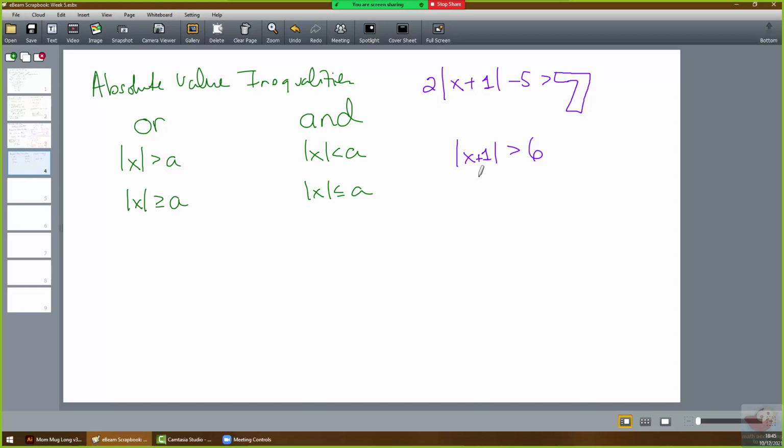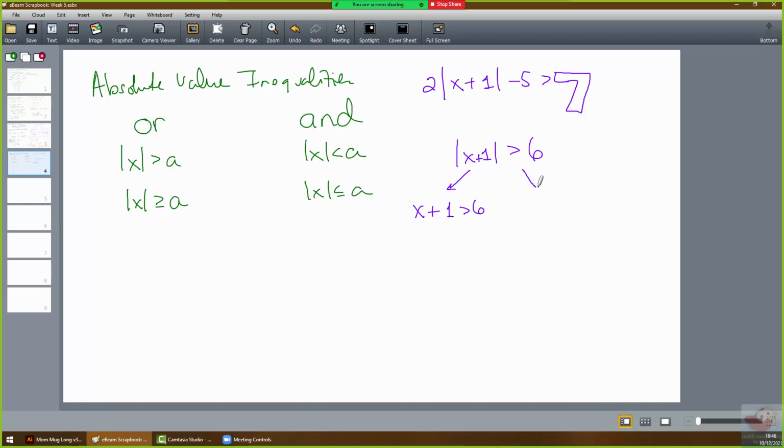So step 1 as before, isolate. Step 2 as before, break into 2 pieces, with caution. The first piece is like you never had absolute values: x plus 1 is greater than 6. The second piece has a negative involved.